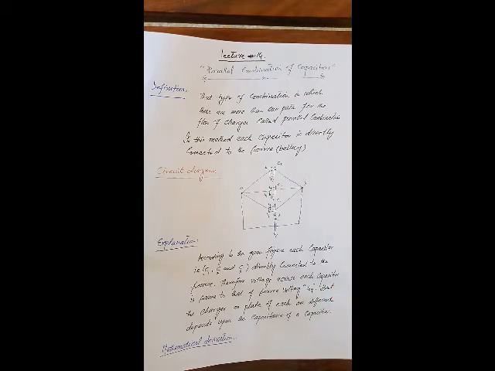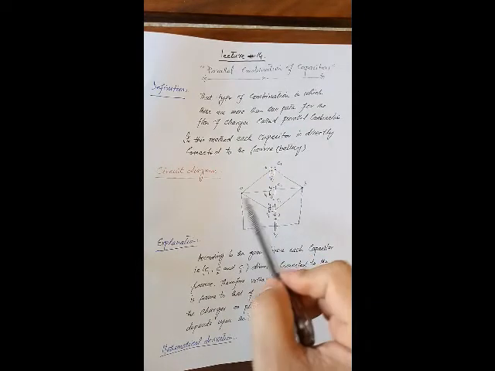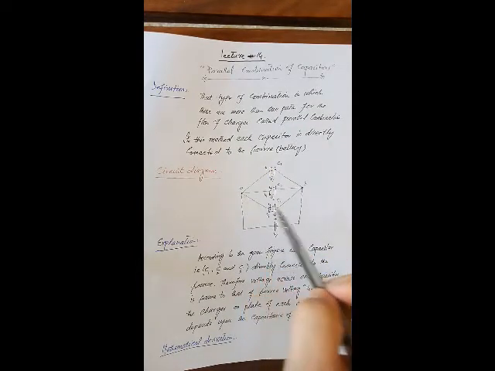In this case, each capacitor is directly connected to the source. How much voltage is here? Between negative and positive, A and B, the same voltage.